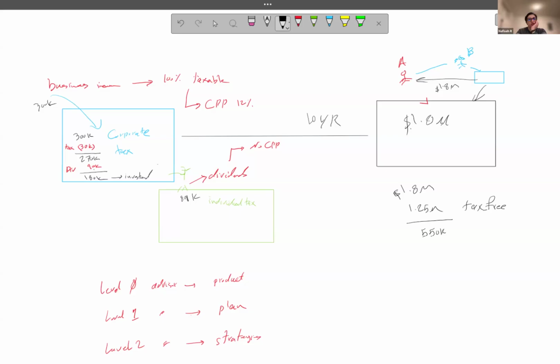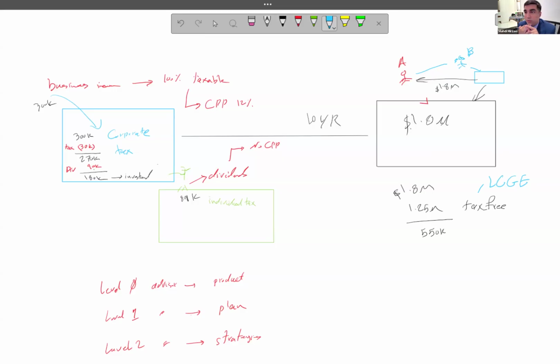Is it by law that they don't have to pay on 1.25? Yeah, it's called lifetime capital gain exemption. So it's exempted. So first of all, he enjoyed lower tax rates during the time that he was expanding the business.